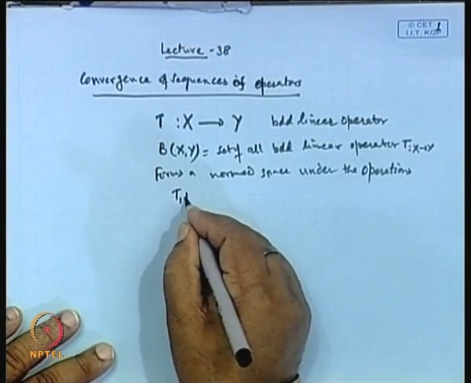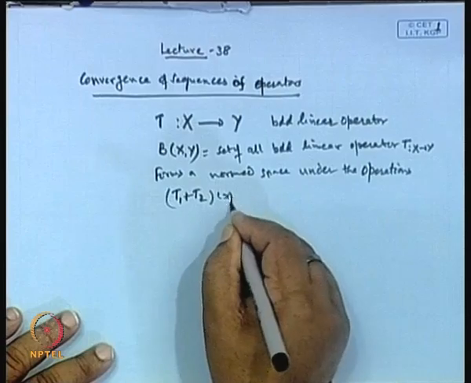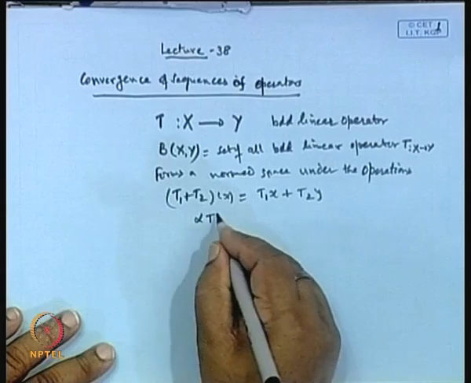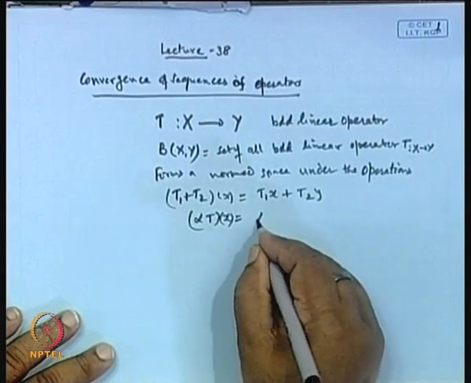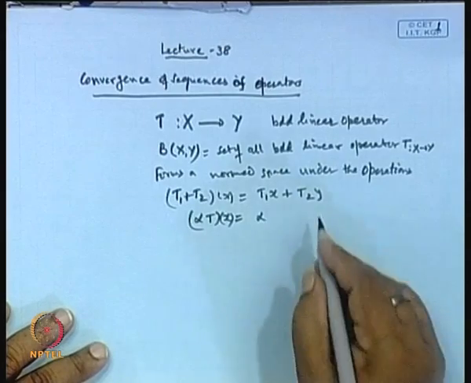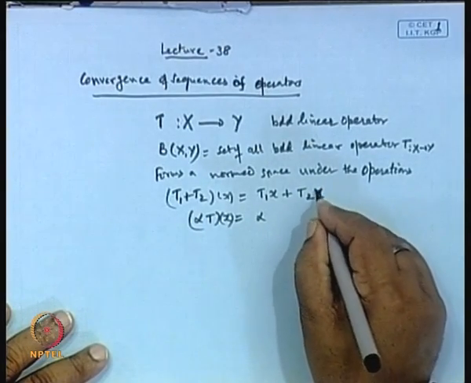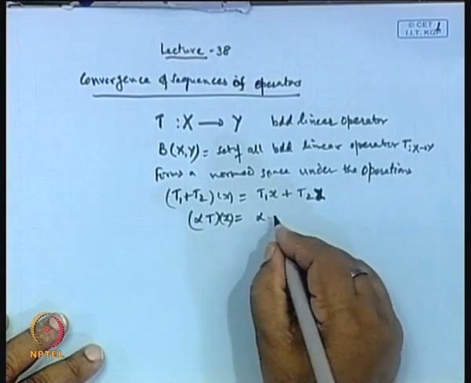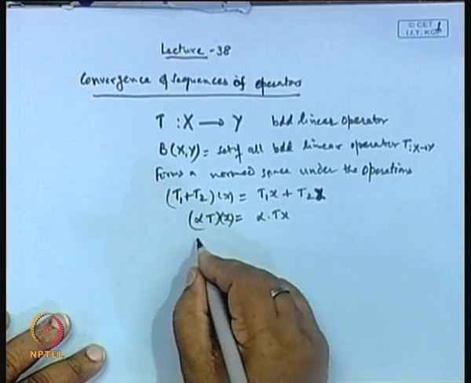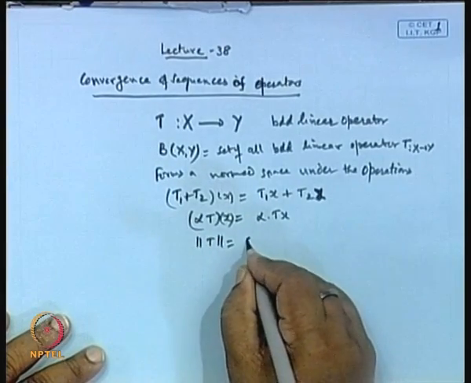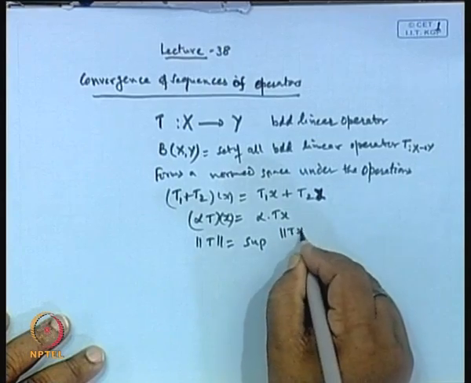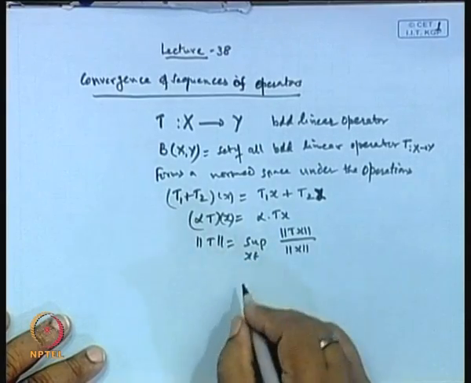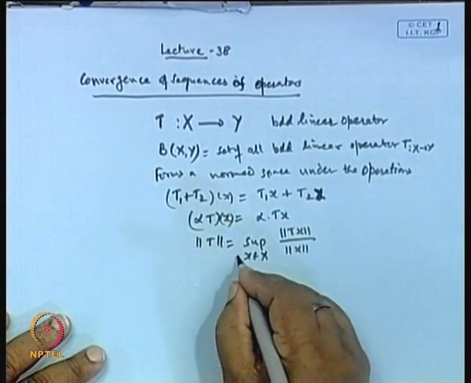The addition is defined as (T1 + T2)x = T1 x + T2 x, and scalar multiplication is (alpha T)x = alpha times T x. And the norm of T is defined as the supremum of norm of T x over norm of x, where x belongs to the domain of T, X, not equal to 0.